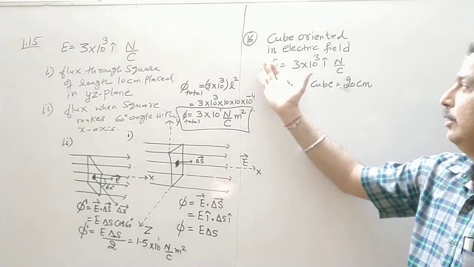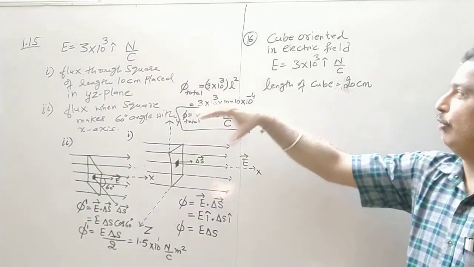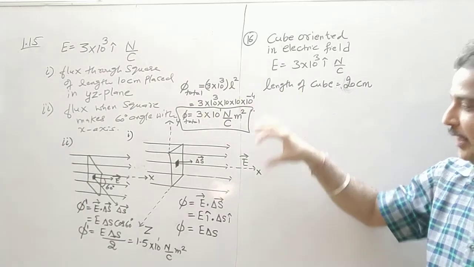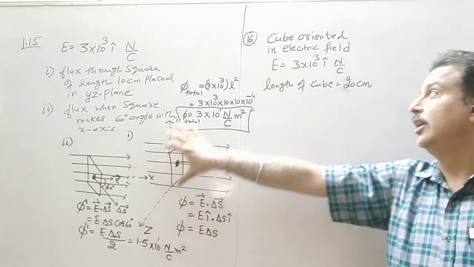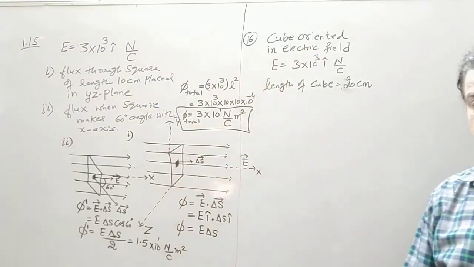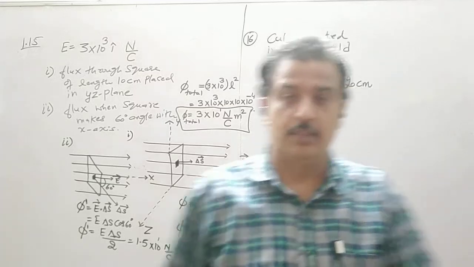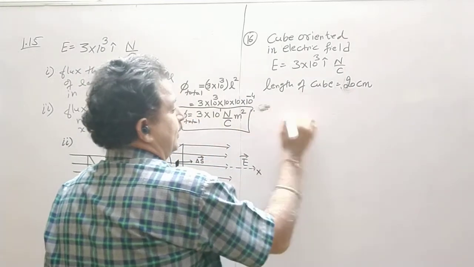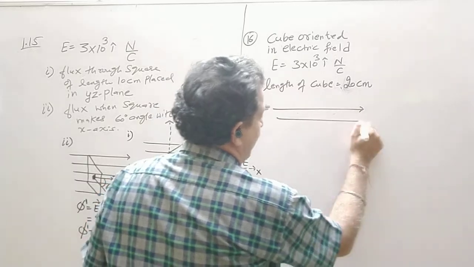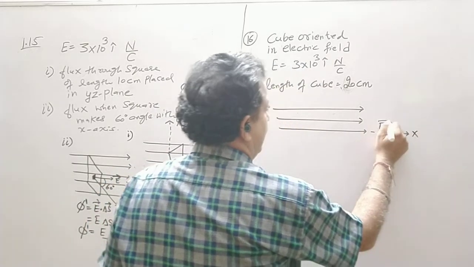Now come to the 16th question. It is continuation of 15. Now in the place of a square, which is a plane, meaning 2 dimensions, we have to keep a cube in the same field. Cube is a 3-dimensional figure. So again I draw for this the uniform electric field lines, which is along x-axis.